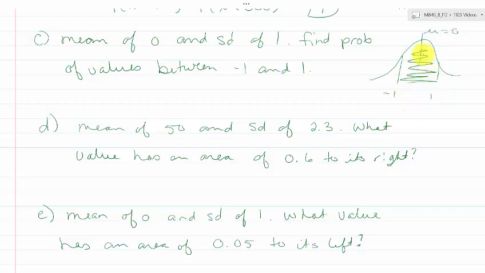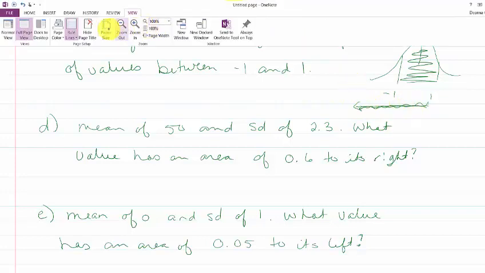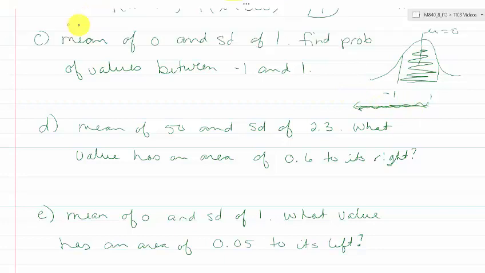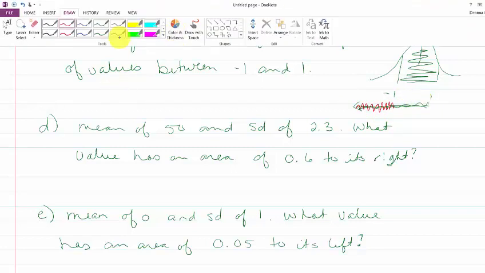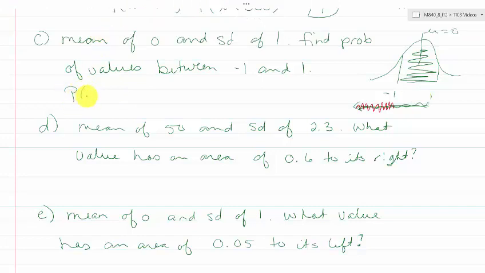So in order to compute this green area, you need to compute the area to the left of that, and then you want to subtract off this part, and it will leave you with this area in the middle. So that would be probability of x is less than 1 minus probability of x is less than -1.